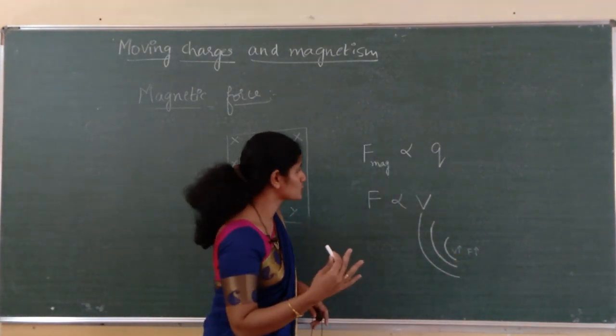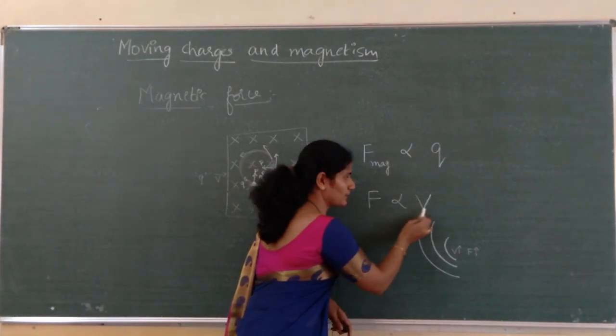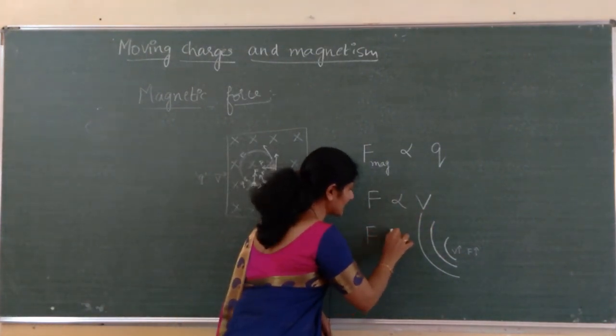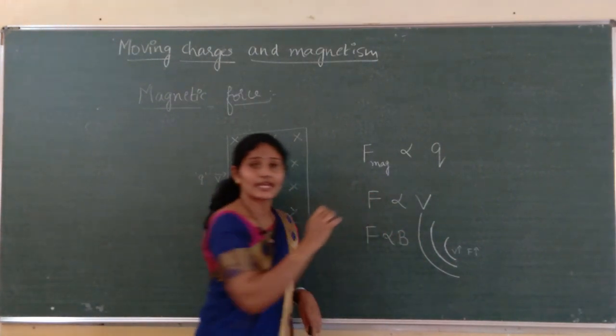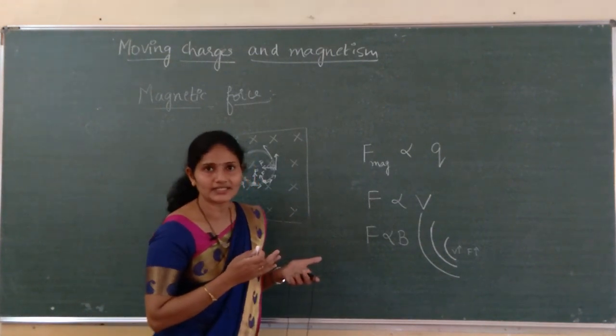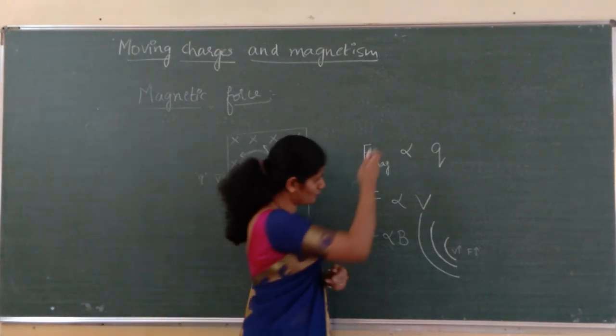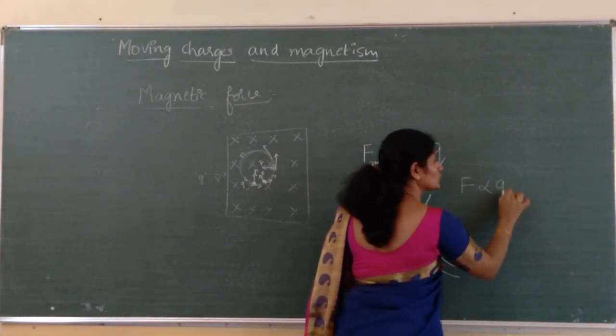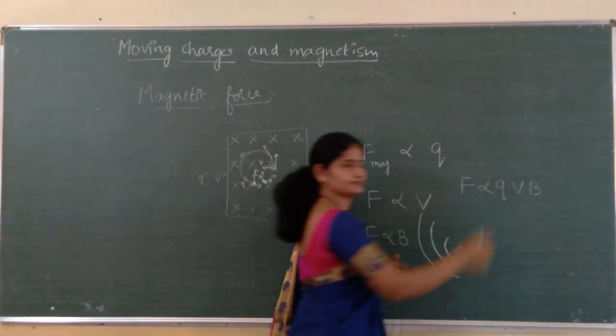They are directly proportional. So, F is directly proportional to velocity. Similarly, F is directly proportional to B. If the field strength is more, the force is also more. So, from these three, F is directly proportional to Q, V and B.